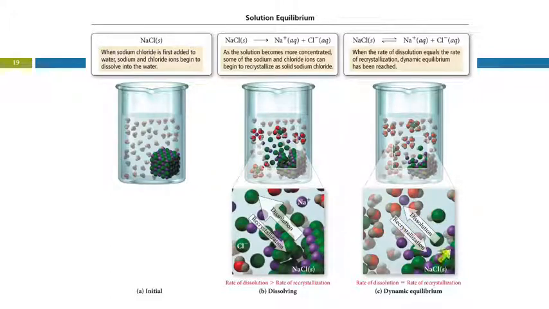And typically what happens in a saturated solution, as dissolving and recrystallizing occur, the crystals that are present grow larger and more perfect. So you could start with little grains of salt, and if you wait long enough, you might end up with one perfect crystal of sodium chloride.